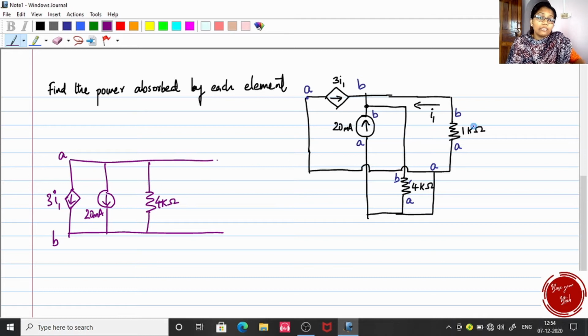But for the 1 kilo ohm resistor, see, 1 kilo ohm is connected between B and A. But for that particular resistor, the current I1 is marked. What does it say? I1 travels across 1 kilo ohm from A to B, which means from A to B, 1 kilo ohm carries an I1 current.